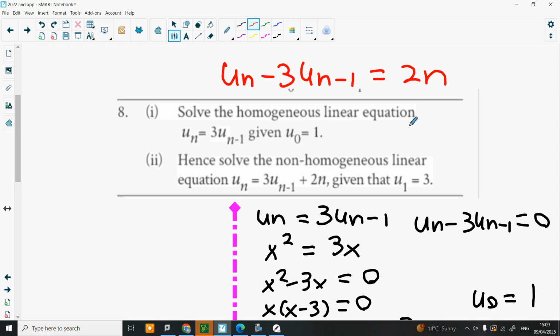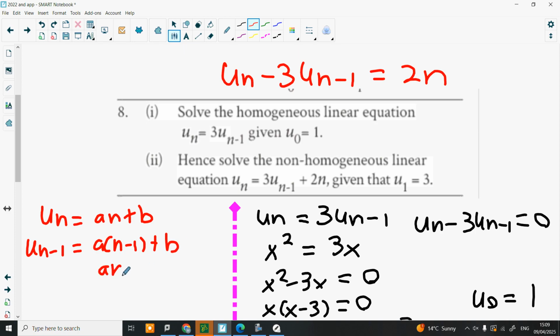It means linear. So what's that substitution we make when it's linear? We do un is what, guys? an plus b, don't we? And then I have to find out what un minus 1 is, don't I? What's un minus 1? a times n minus 1 plus b, which is... Yeah, but I'm just going through the procedure.